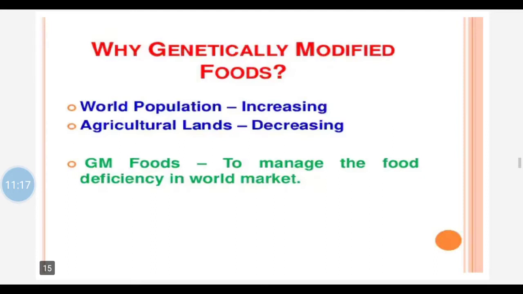So, in less agricultural land, more yield, more crops, more output can be obtained by this newer technique. So, GM foods are also necessary to manage the food deficiency in the world market.